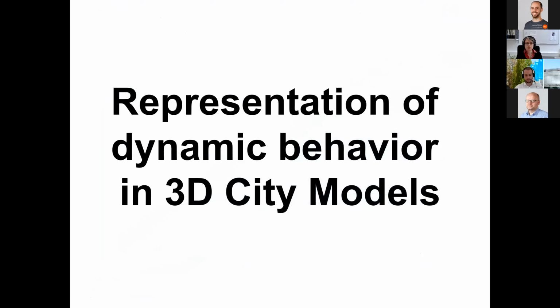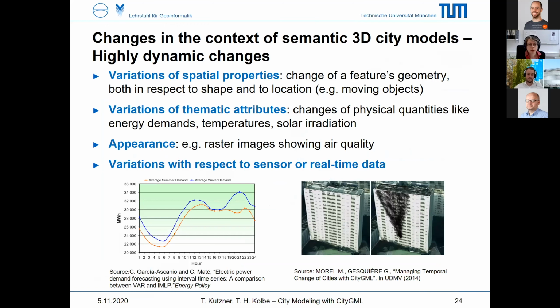So new in CityGML 3 will be the representation of dynamic behavior in 3D city models. We have to differentiate between slow changes and highly dynamic changes. Highly dynamic changes, for example, are variations in spatial properties, so that can be that the geometry of a feature changes.